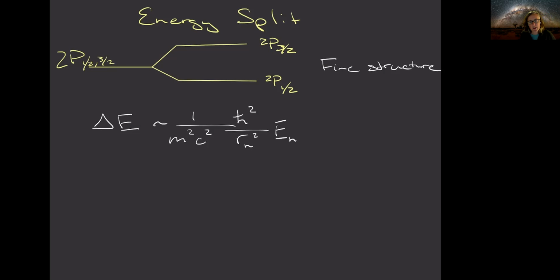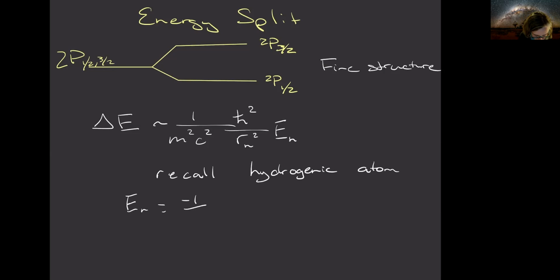And recall, for a hydrogenic atom, we defined the energy level of n, where n is the principal quantum number, to be 1/2 alpha squared, which is the fine structure constant, times mc squared over n squared times Z squared.